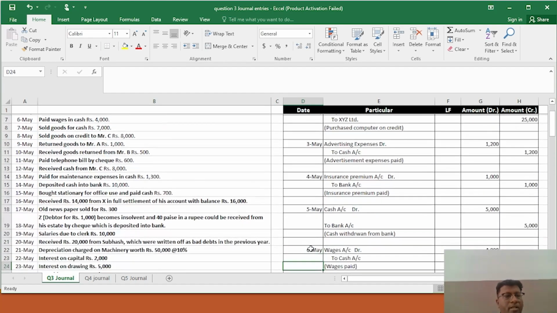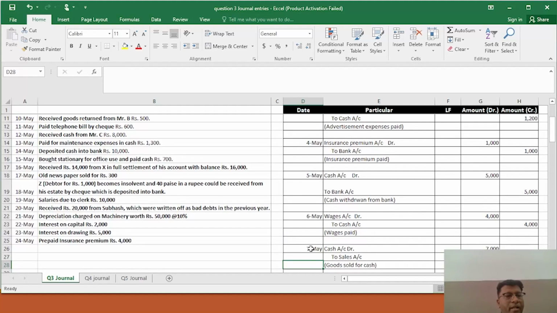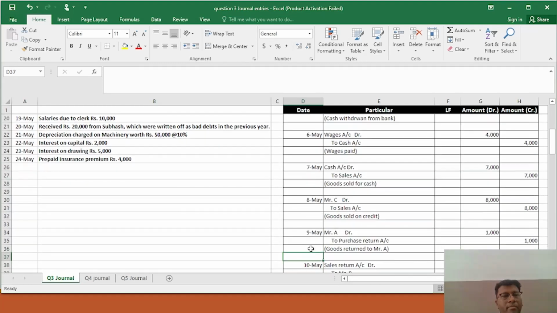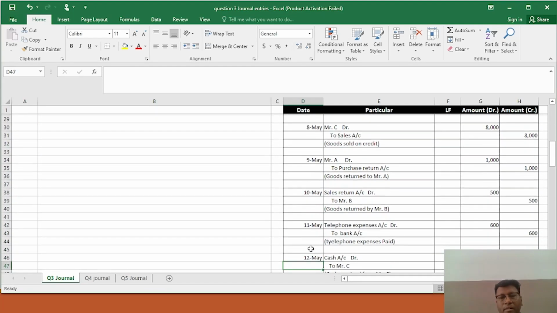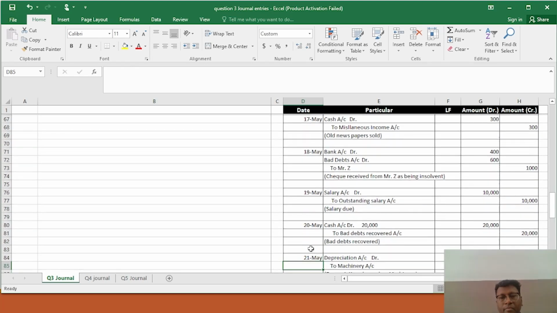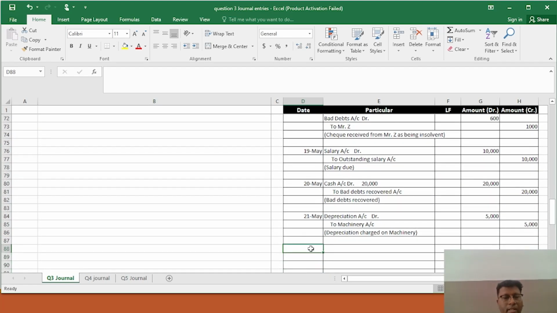And the next transaction, you can see on the left side of the screen that on 22nd, the interest on capital rupees 2,000. So interest on capital account debit to capital 2,000. Okay, we have to make this entry on 22nd May, right?